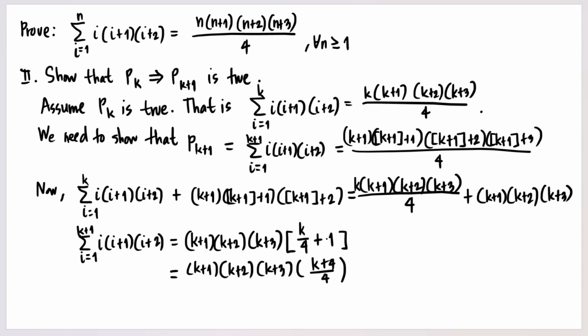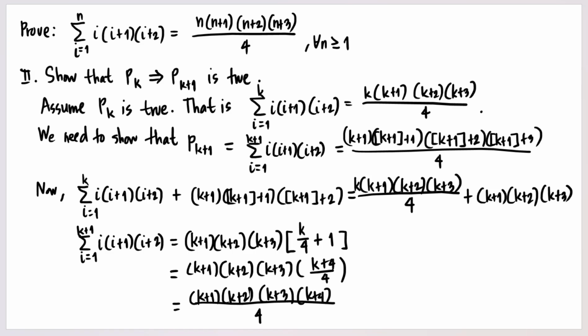Since, for example, 2 times 3 times 1 over 4 is just like that, that's what we'll do here. Basically, we have achieved it: k plus 1, k plus 2, k plus 3, and k plus 4 over 4.